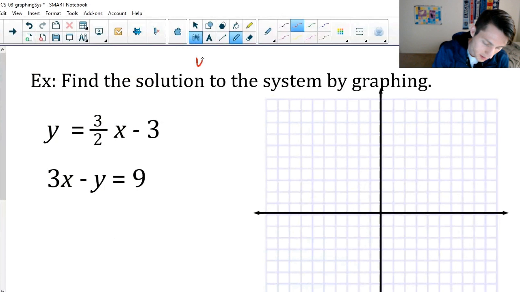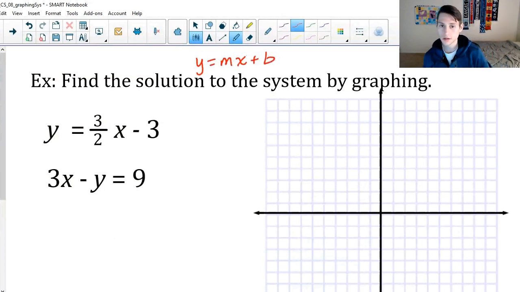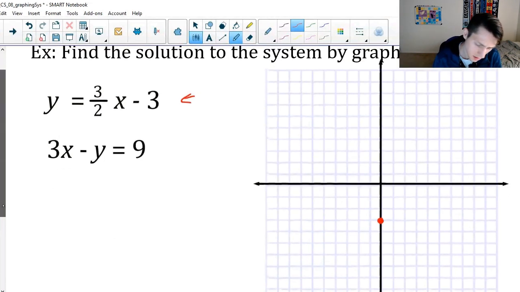Okay, so graphing a system is just good old y equals mx plus b, right, where m is the slope, b is the y-intercept, or the y value of the y-intercept. So for example, this first equation, I first graph my y-intercept.